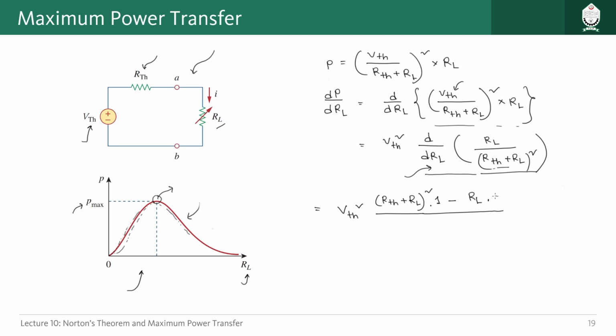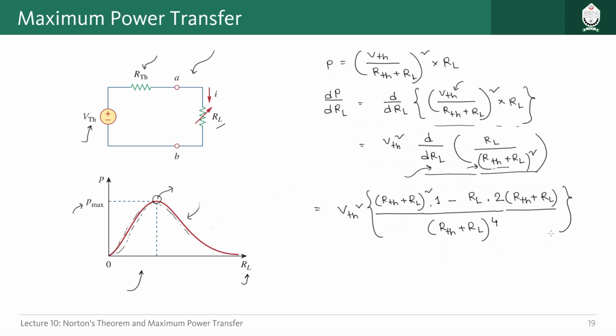So that should be 2 multiplied with (RTH plus RL), as we have just calculated, right? And at the bottom we should have V square, that means the square of this one. That should be (RTH plus RL) to the power 4. So this is the final thing we get after this derivation.